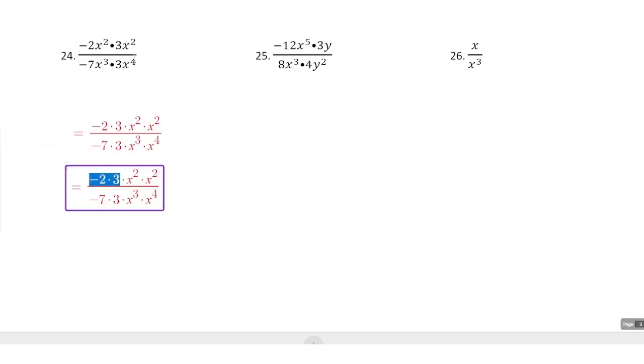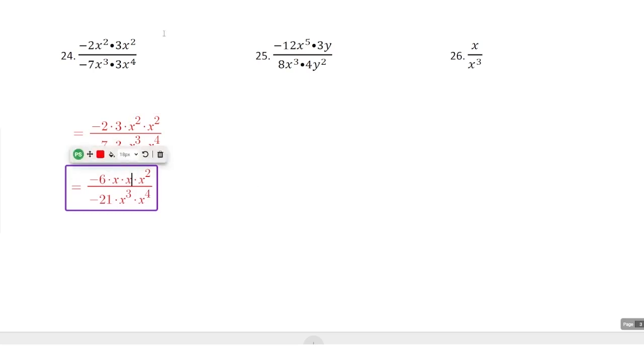Negative 2 times 3 is going to be negative 6. Negative 7 times 3 is going to be negative 21. That can be reduced, and actually we could have just canceled out the 3's here. Yeah, but wait a minute. 3 times 2 is not 9, it's 6. I think I may have said 6, but either way, yeah, we can reduce this. It's going to be 2 over 7. We'll come back to that.